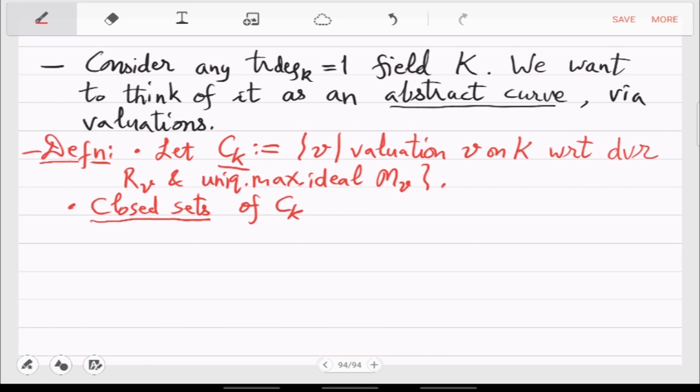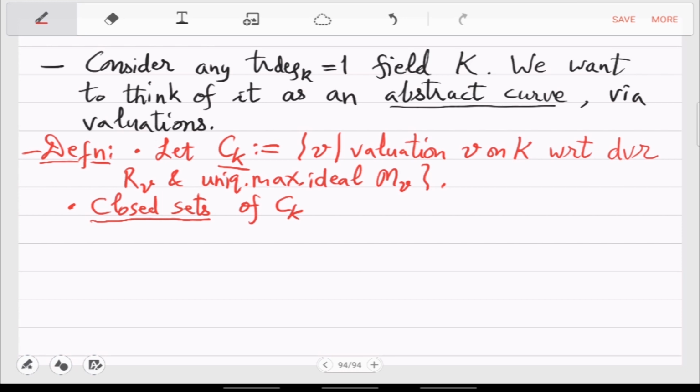So closed sets should be, see, in the case of a curve, remember that closed sets were finite, right, on the curve, because a closed set is a zero of some ideal. So if you have another constraint beyond the curve, then you get only finitely many points.